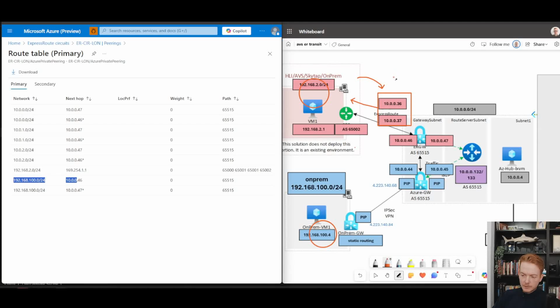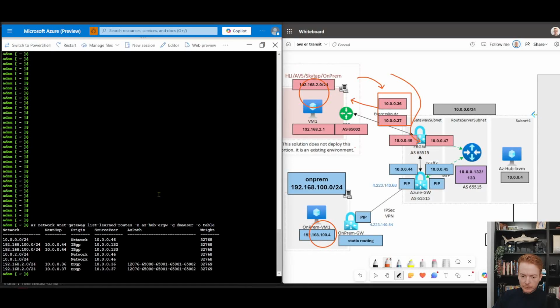So as we said, without FastPath, traffic comes in through these nodes in the gateway. What does the gateway do with the traffic? Well, we have our answer from the route tables before. The ExpressRoute route table says, how do I get a packet to 100.4? Well, it looks here. Okay, my next hop, put it on the wire destined for .44.